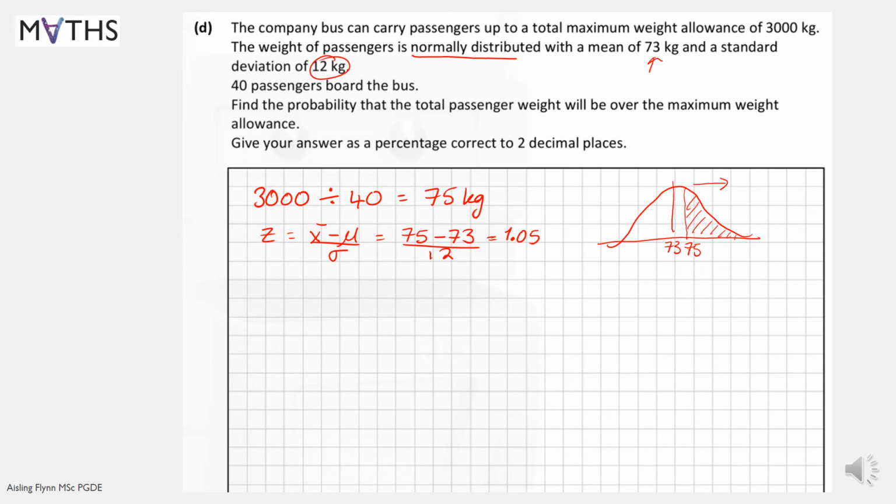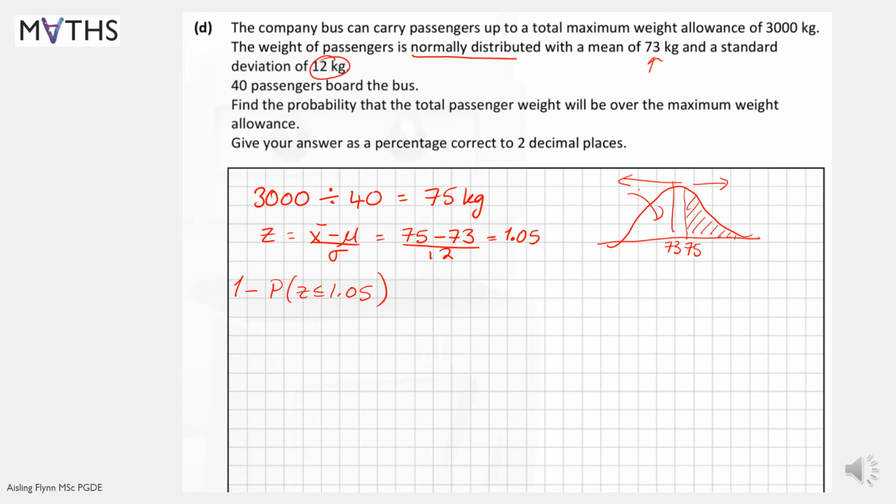And we know that the Z tables give probabilities for this area here, less than, so to the left of. So we'll have to use 1 minus the z-score of 75. So 1 minus the probability that z is less than or equal to 1.05.